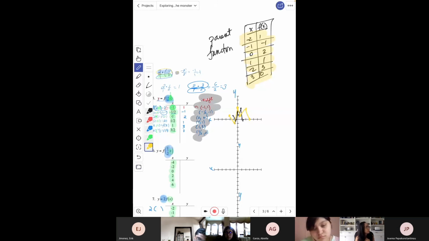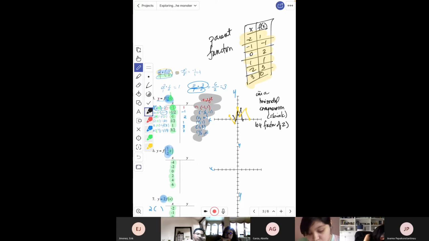It is a compression. It's a horizontal compression. Let me not do that in yellow because the image is black. And you may have heard it called a shrink by a factor of 2.